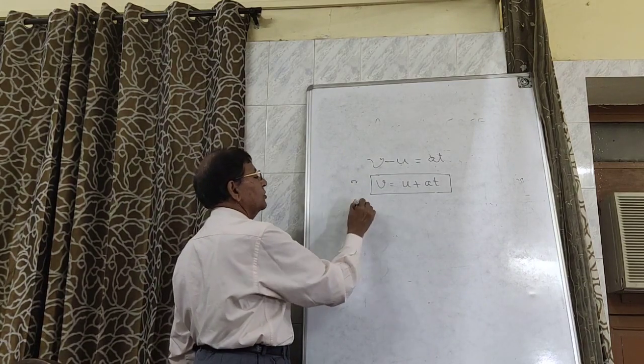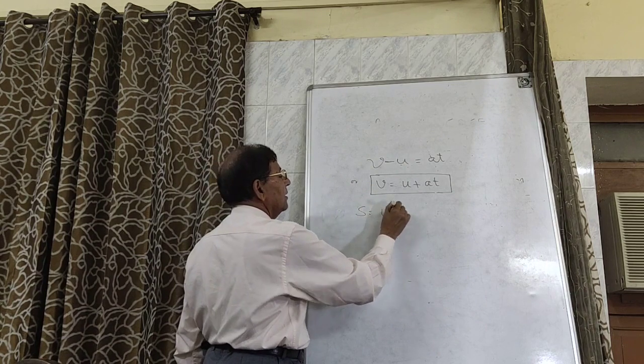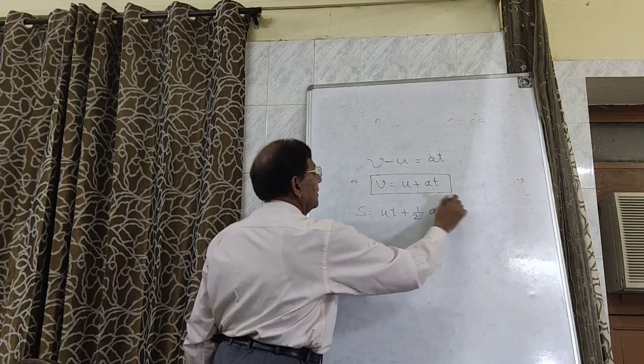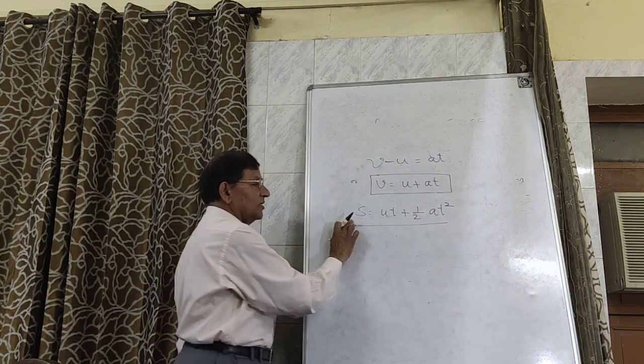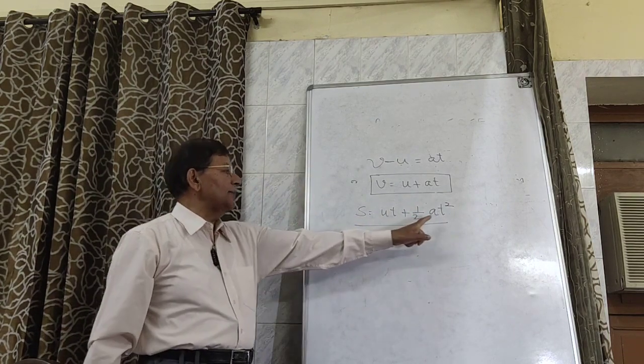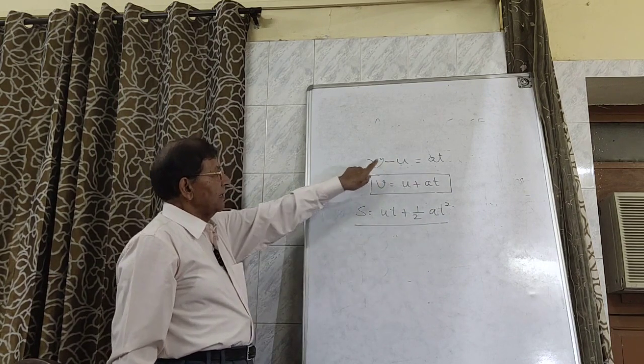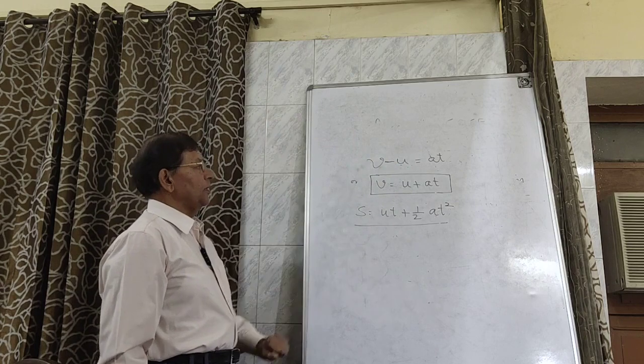Now the second equation of motion is s equals ut plus half at square, where s is the distance traveled by the body in time t. As you know, u is the initial velocity and v is the final velocity of the body.